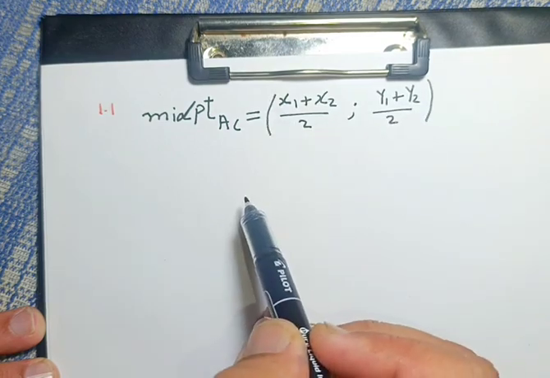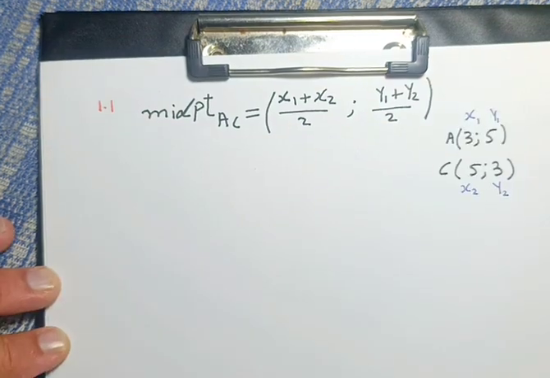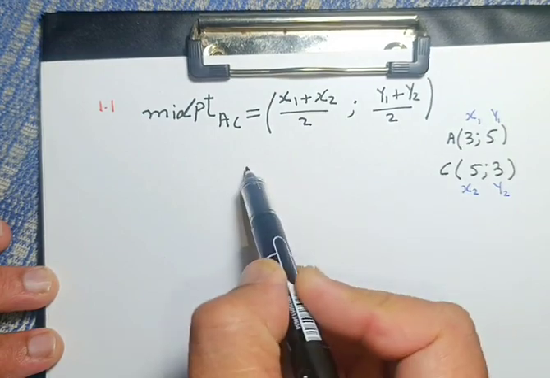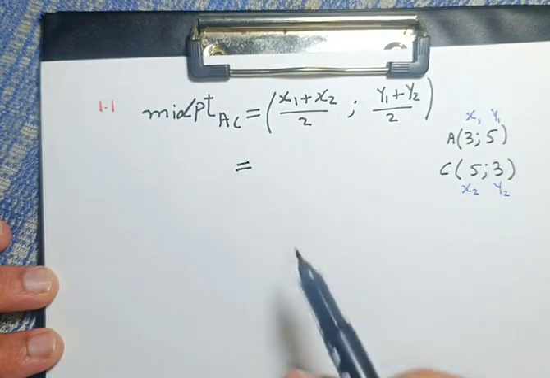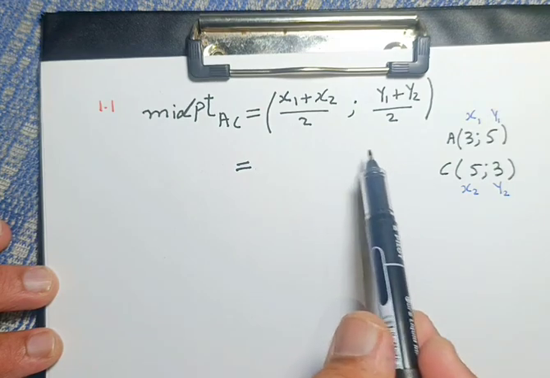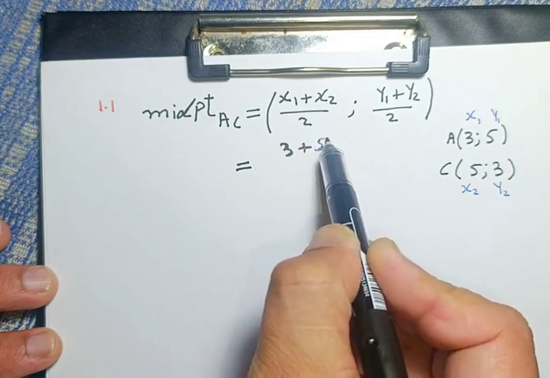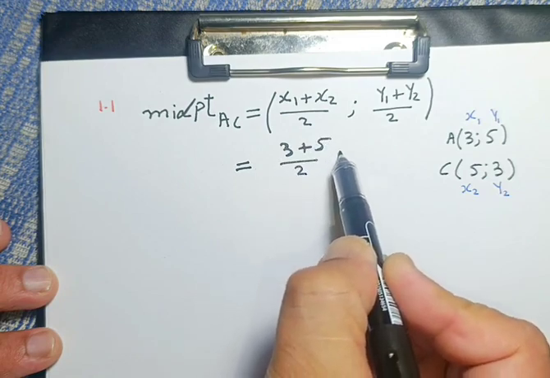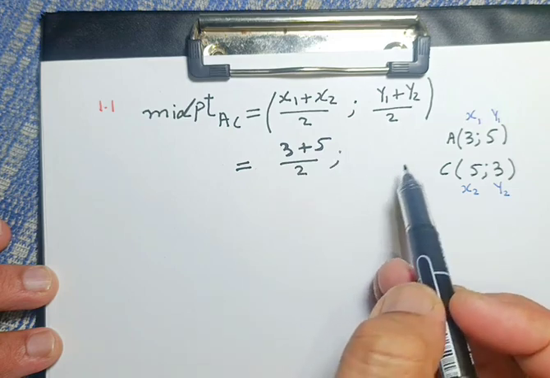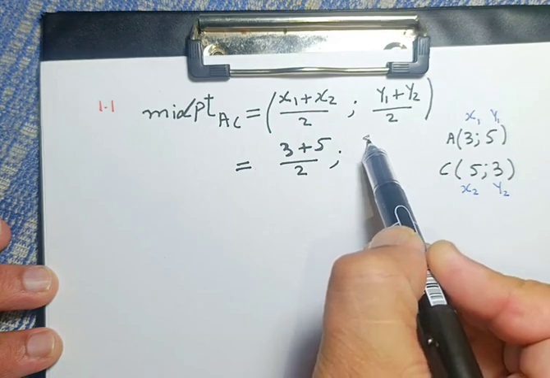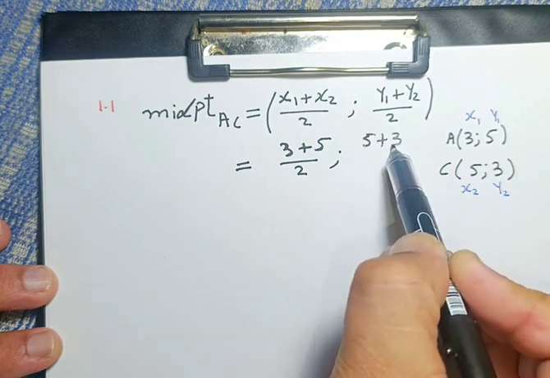These are the coordinates of A and C, and I'm going to plug them into this formula: x1 plus x2, so 3 plus 5 over 2, and y1 plus y2, 5 plus 3 over 2.